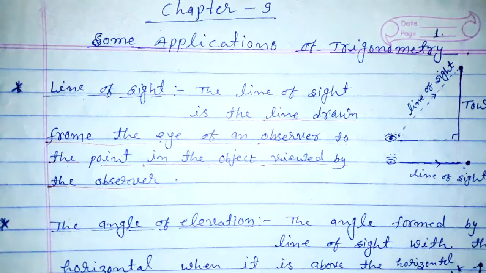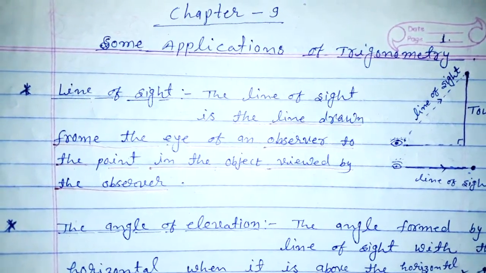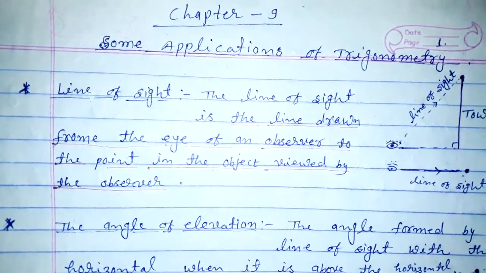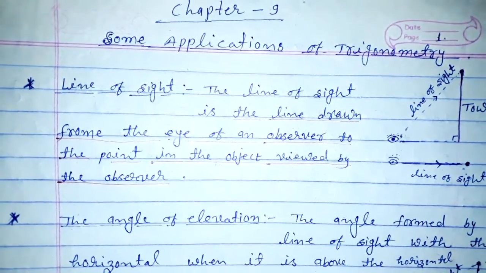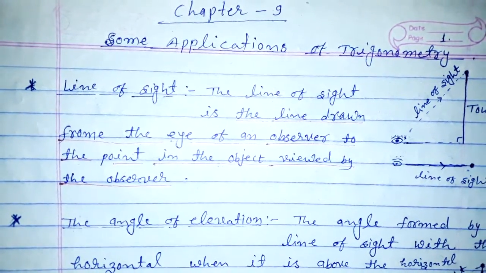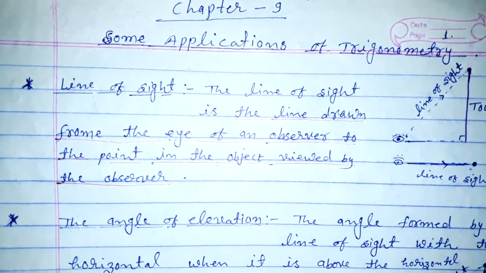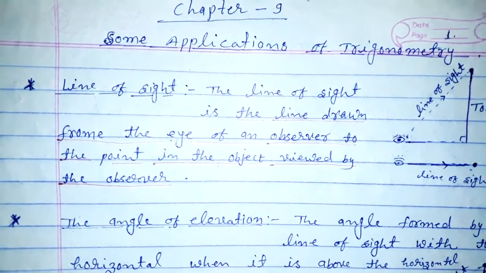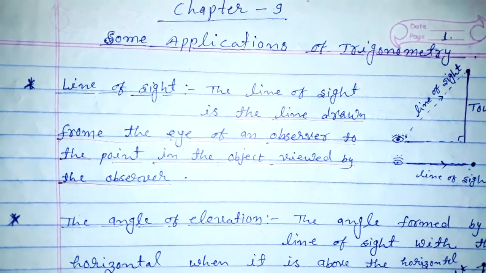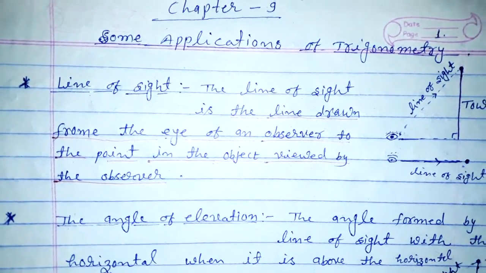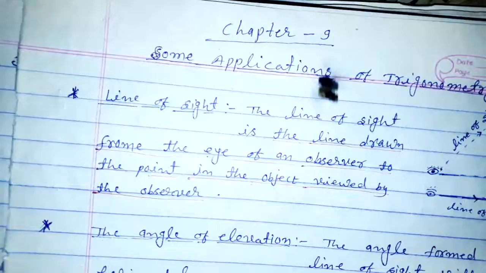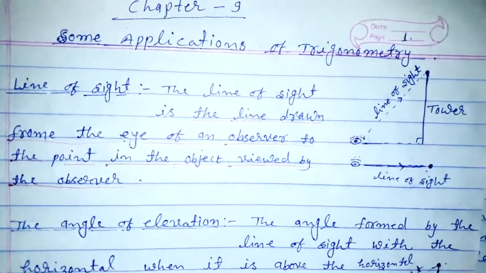First, line of sight. The line of sight is the line drawn from the eye of an observer to the point in the object viewed by the observer.